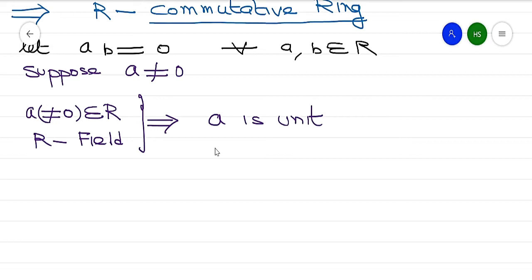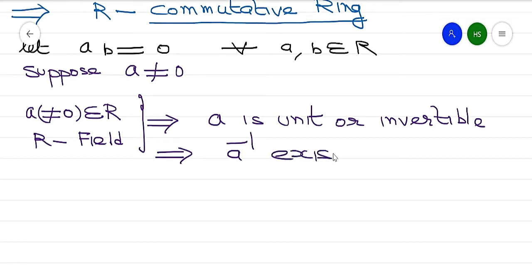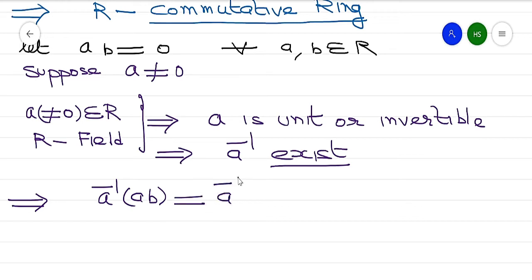So what does it mean? It means A is invertible. And what does it mean? It means A inverse exists. Then multiply A inverse on the left-hand side. So it implies A inverse into AB is equal to A inverse into 0.